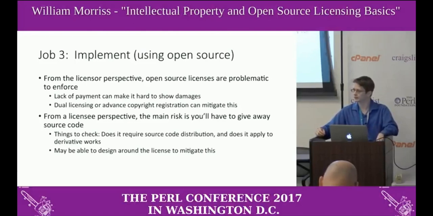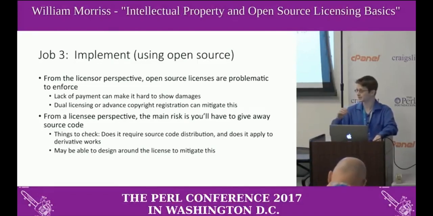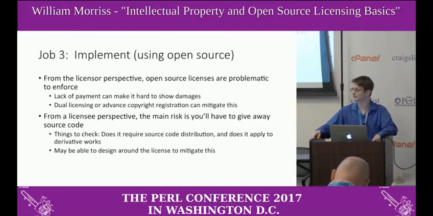And in fact, there is a very popular, not as popular as Artistic or GPL, but there's a license called the Affero GPL. And it is specifically designed for SaaS use of open source software. The theory being, why should you benefit from my open source software without distributing the source code if you're doing it on a SaaS model? And so it says if I let people interact with my software over a network, I have to give them the source code.